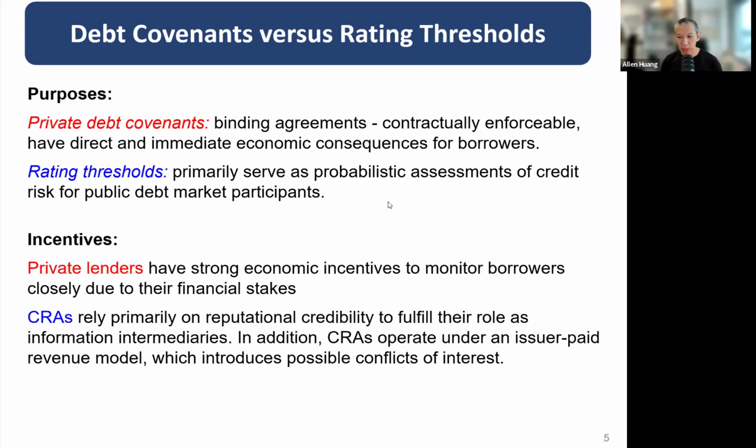So can you shed some light on what kind of issuers will actually pay the CRA to issue those reports? And is there any other characteristic of the capital market, like the fixed income market, that relies more on CRAs' signals? Who are the audience or participants relying on these signals?